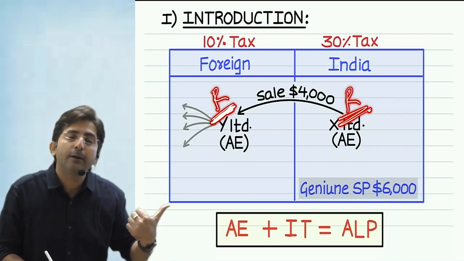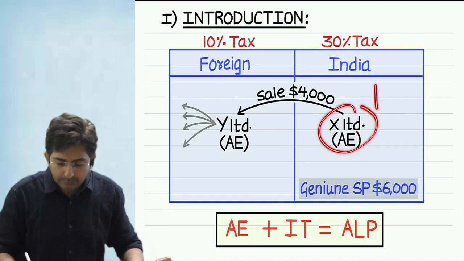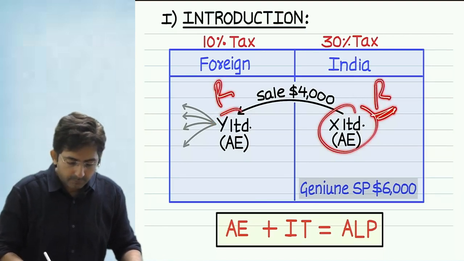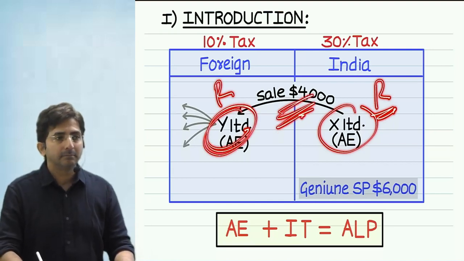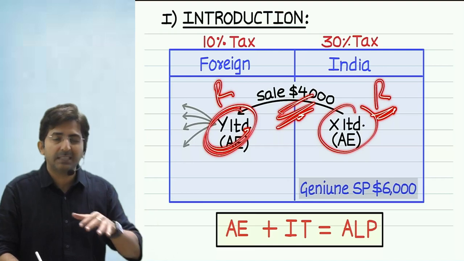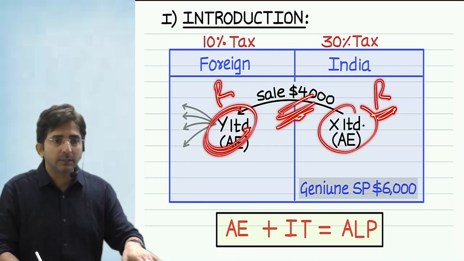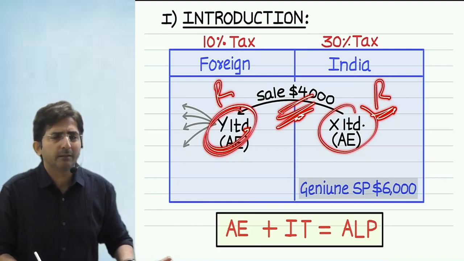Why no? Tell me why no? Because see, if X and Y both are resident, even if they manipulate the sale price, means instead of selling the goods at 6,000, they are selling at 4,000, even if the price is manipulated, government is not affected. Why, tell me?